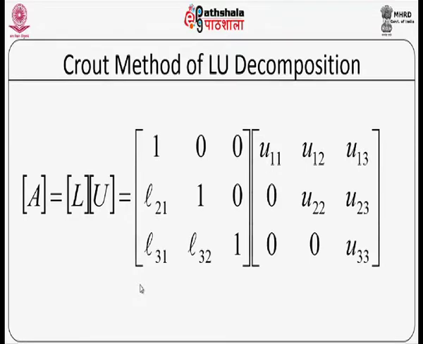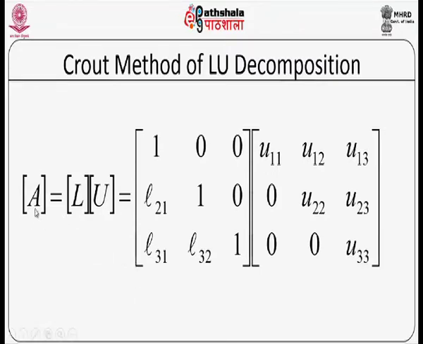This is the third procedure, which is very popular. This is called Kraut's method of LU decomposition. Here we are using slightly different logic than Gaussian elimination.